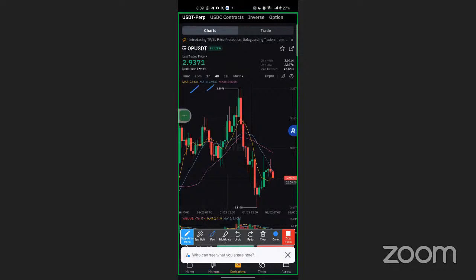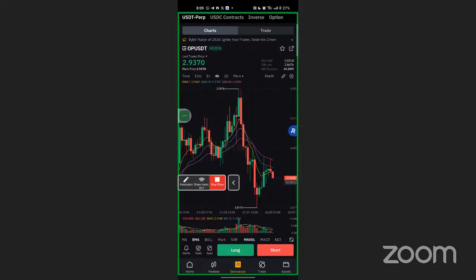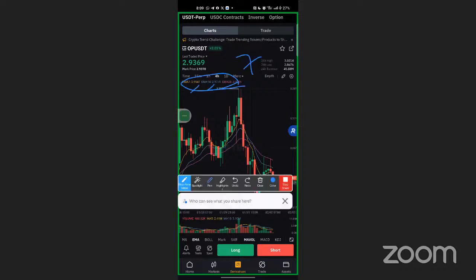Here they're using multiples of 7: 7 times 2 is 14, 7 times 4 is 28. And when we change from the simple moving averages to the exponential moving averages, Bybit still uses the same 7, 14, 28. So they focus on that.